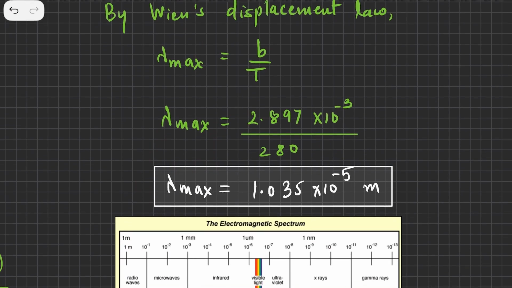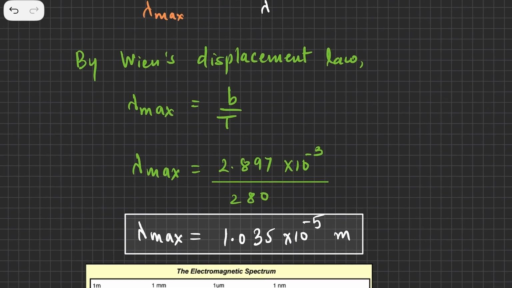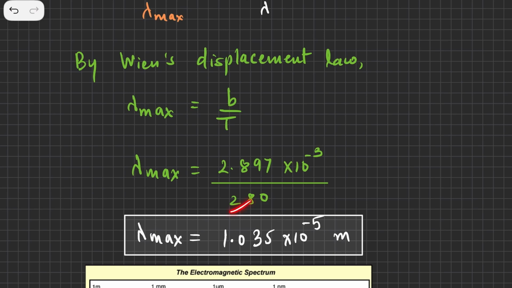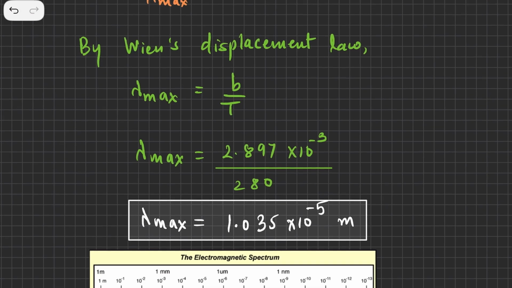If you are able to cancel it with the 28 table, or 7 and 4, then you can do it. Otherwise you can divide using logarithm or a calculator if your board allows. If you solve this, you will get lambda max equal to 1.035 times 10 raised to minus 5 meters. So this becomes your second part.